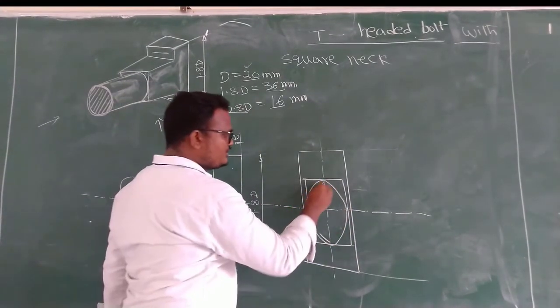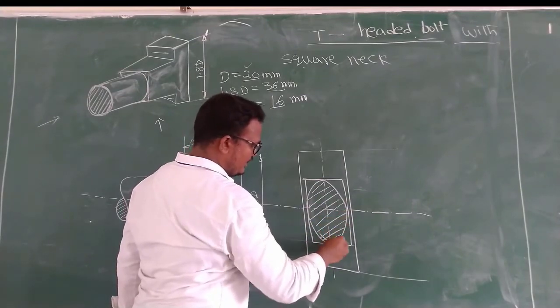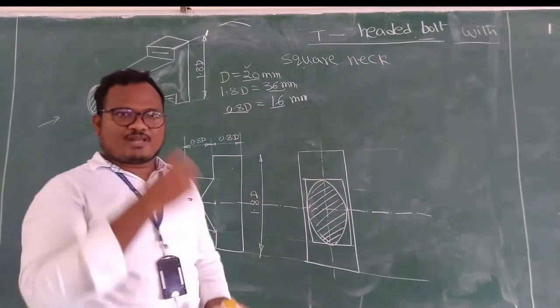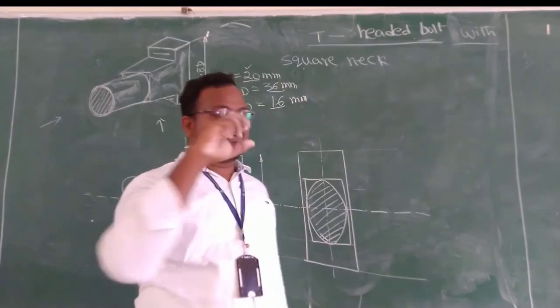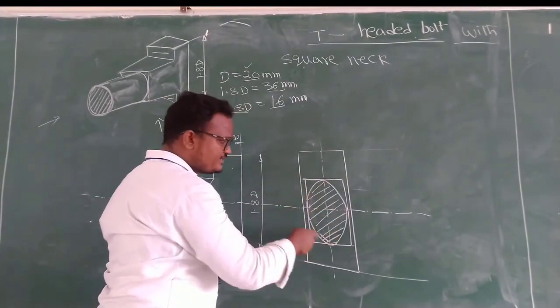If you draw as per the dimensions with the compass, you will get an exact circle here from the side view. The neck is also visible now.